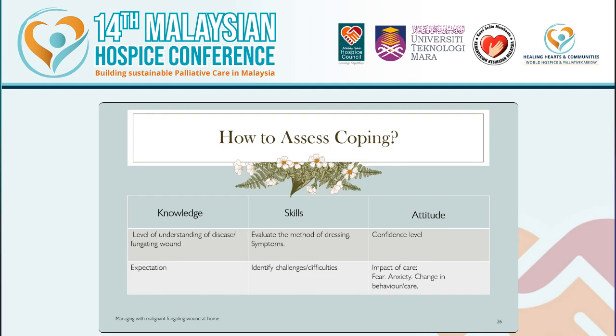For the skill part, you also need to evaluate the way they do the dressing and the symptom management. Are there any challenges and difficulties that they are facing? In terms of attitude, we need to check how confident they are doing the dressing. Are there any fear or anxiety towards dealing with the wound, or change in behavior or care?